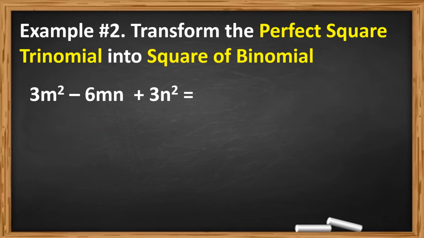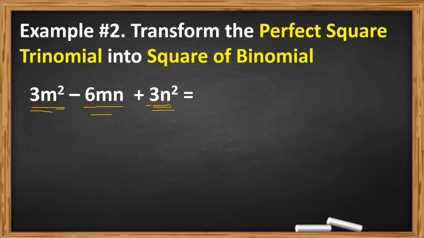But as you can see, we can do some kind of simplification because our first term, second term, and third term share a common factor. What is the common factor of 3m squared, 6mn, and 3n squared? Look at the numerical coefficients. They are all divisible by 3.